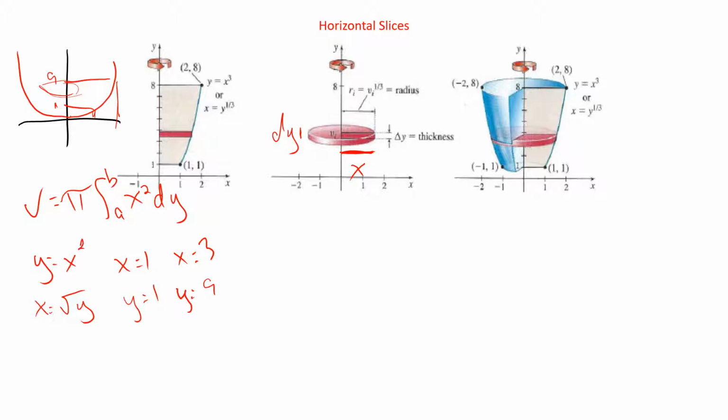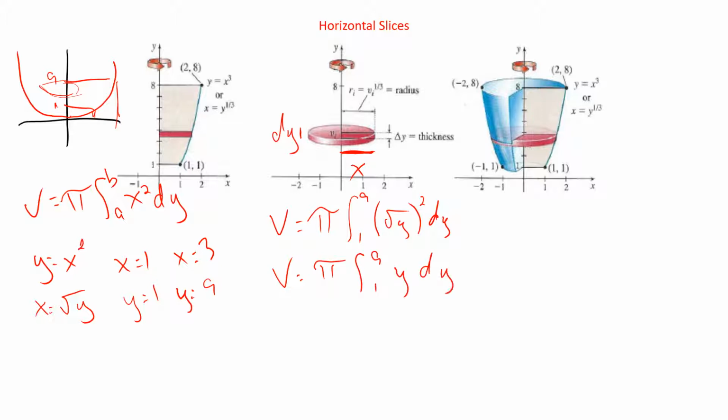So setting this up, we're just going to plug them into the equation. Volume equals pi times the integral from 1 to 9 of square root of y squared dy, square root of y squared. That's just y dy.